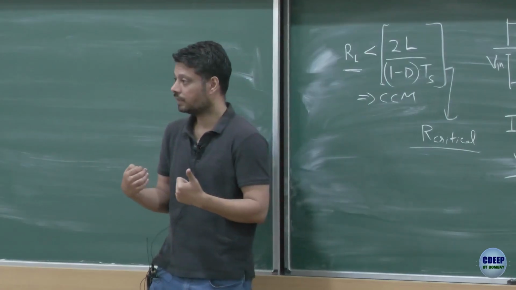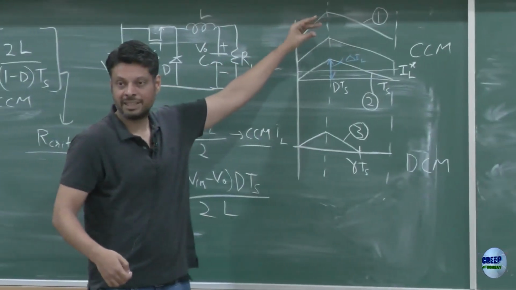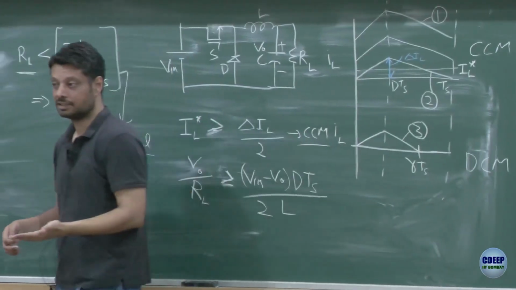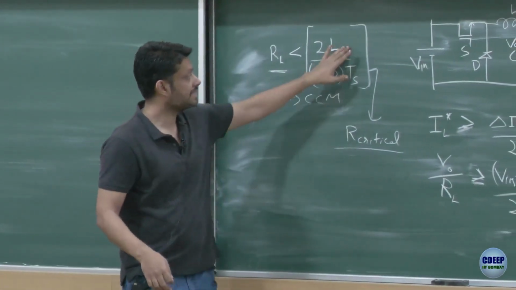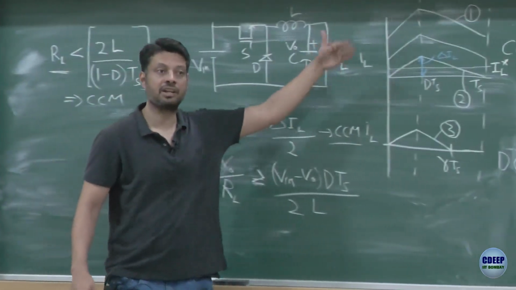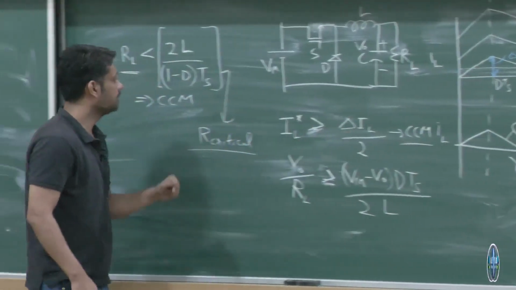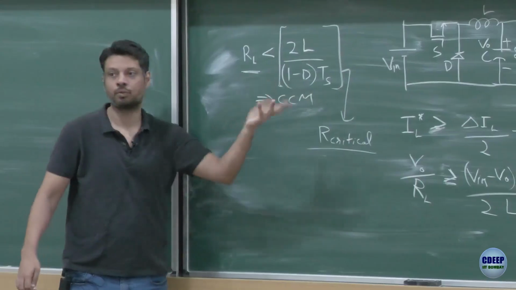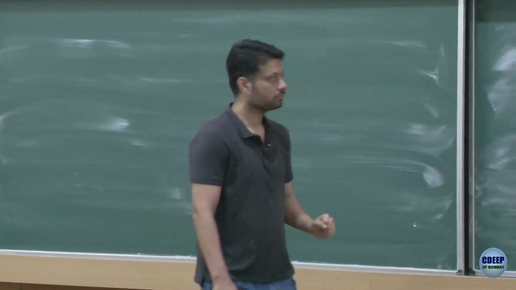Higher inductance means the ripple is small, so it can remain in continuous conduction mode even at a lighter load, relatively speaking. Or if your switching frequency is higher, it can remain in continuous conduction mode for even lighter loads. This is the relationship predominantly with L and Ts. We understand D you would fix based on the average voltage requirement, right?